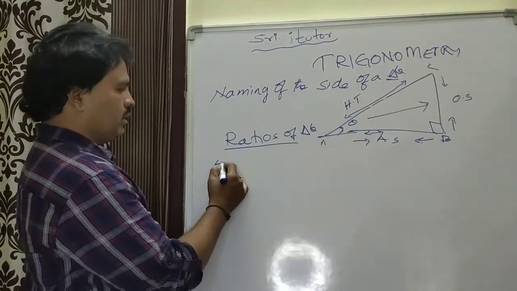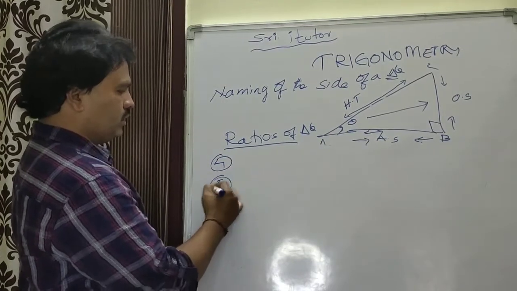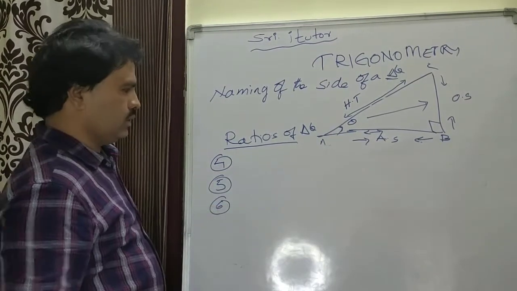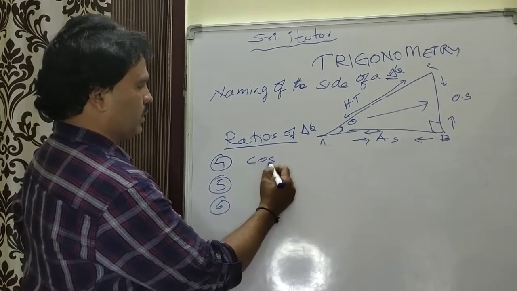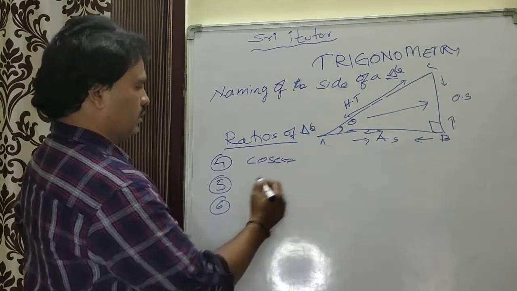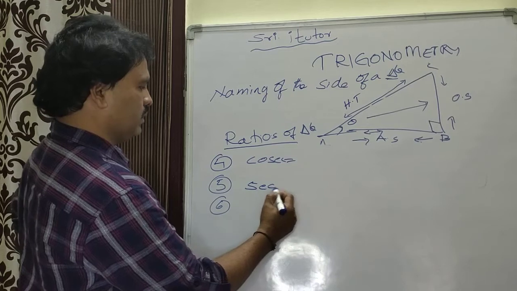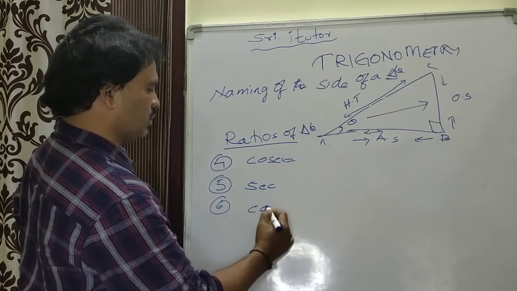Now, how do we define the remaining three ratios? First of all, cosec, next sec, and cot.